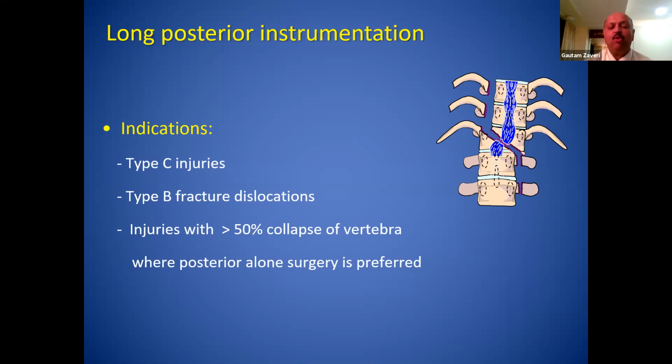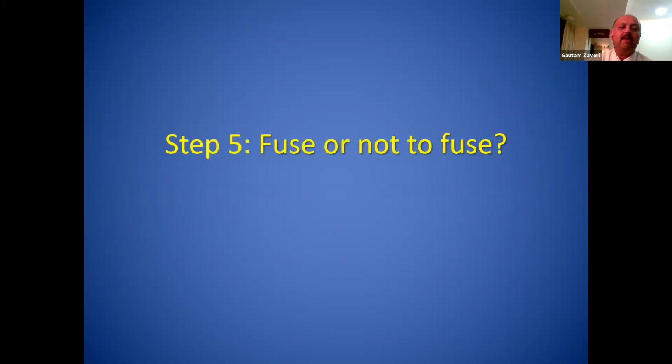In patients with more than 50% collapse of the vertebra, usually one needs to do an anterior column reconstruction. But if the patient is not fit for an anterior column reconstruction, then one chooses to go a little bit more posteriorly, longer, so that it gives you that much more breathing time and allows the bone to heal before the implants would fail. Should you fuse or should you not fuse is the final debate in the management.